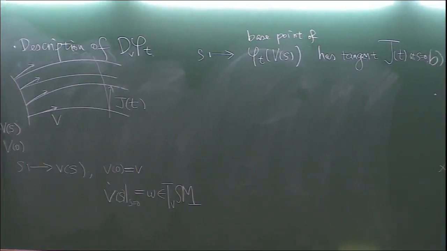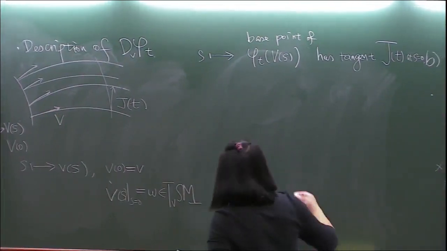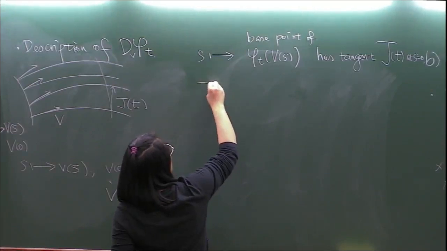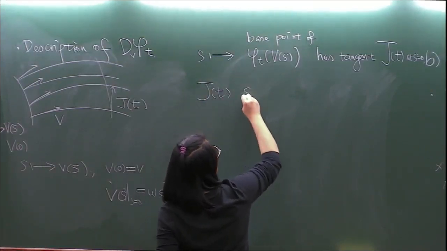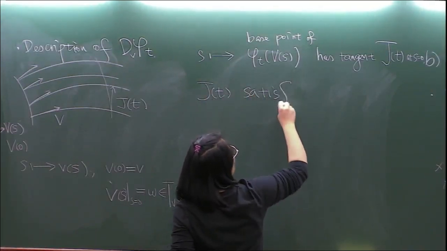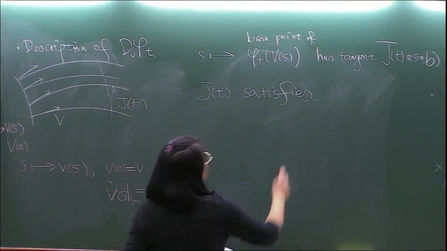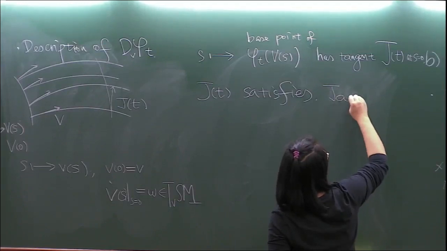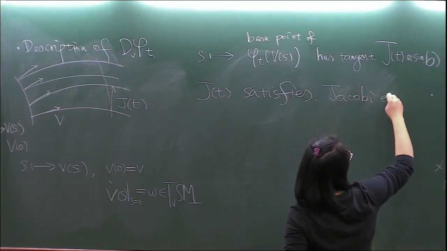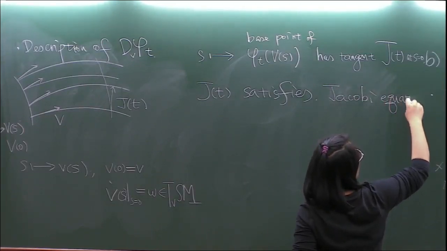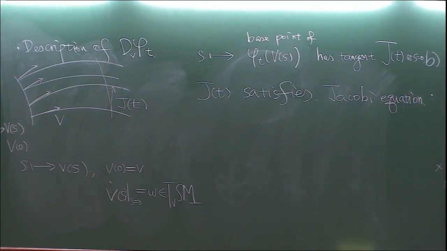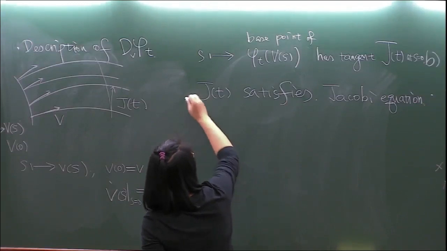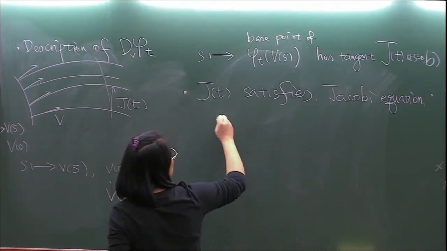And this J_t is a Jacobian field. What will this J_t satisfy? Actually, it will satisfy the Jacobi equation. This we will use from time to time, so we'll give the proof. So this is a proposition.